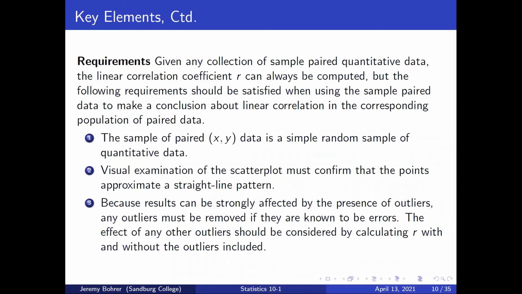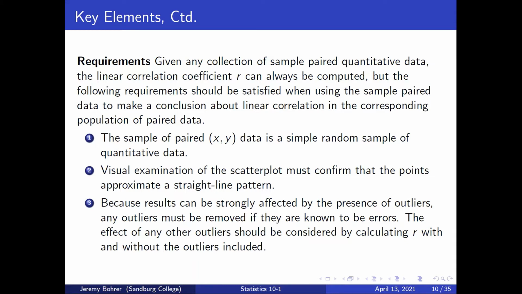Given any collection of sample paired quantitative data, the linear correlation coefficient R can always be computed, but the following requirements should be satisfied when using the sample paired data to make a conclusion about linear correlation in the corresponding population of paired data. First, the sample of paired x, y data is a simple random sample of quantitative data.